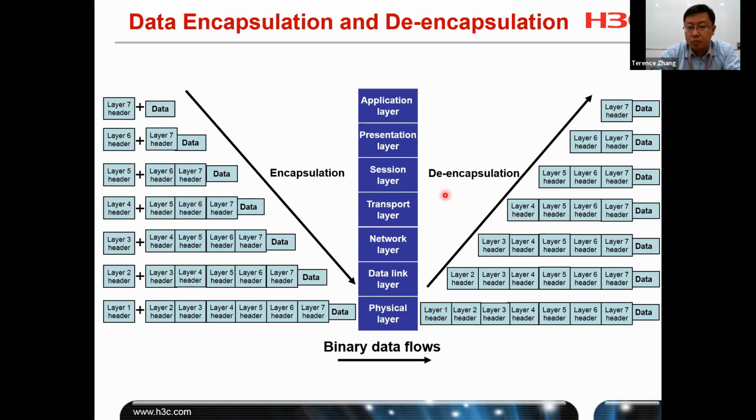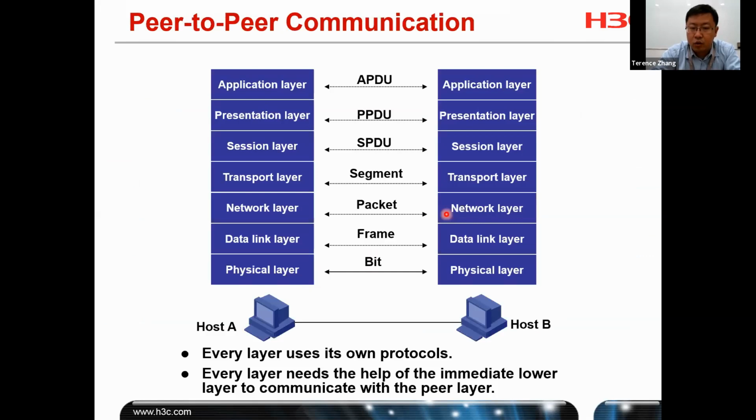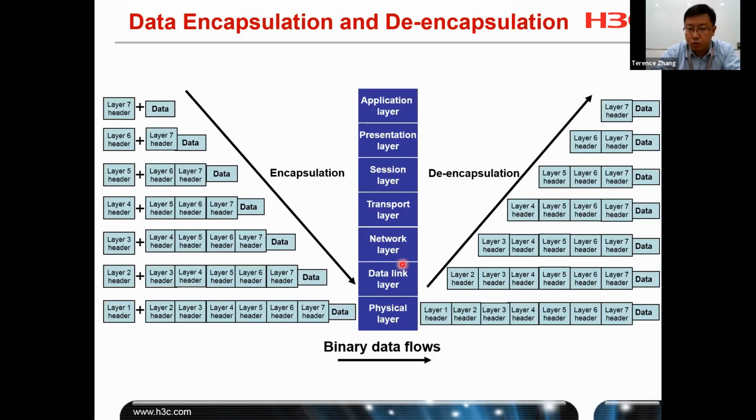I need you all to remember these two pictures together, and know the difference, right? Which one is logical, which one is physical, and what it will do. Just adding header and peeling header, right? Peeling header.